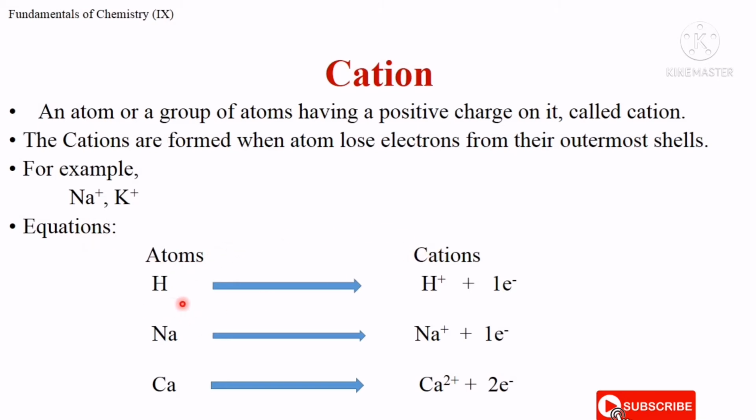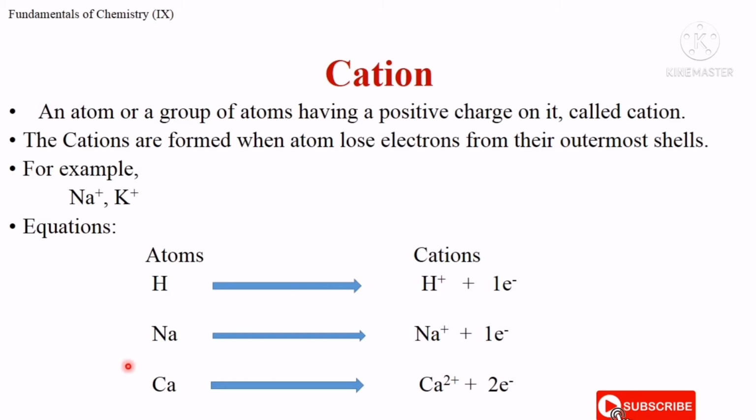For example, hydrogen. When a hydrogen atom loses its electron, a positive charge dominates in the hydrogen atom, and when the hydrogen atom gains a positive charge by losing electrons, it is known as a hydrogen ion.